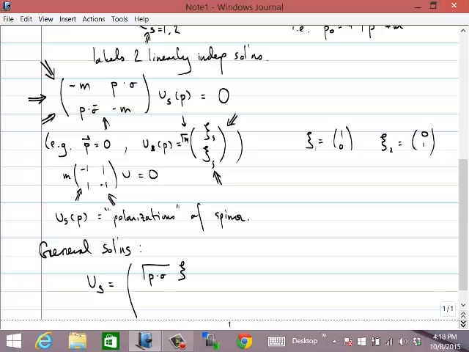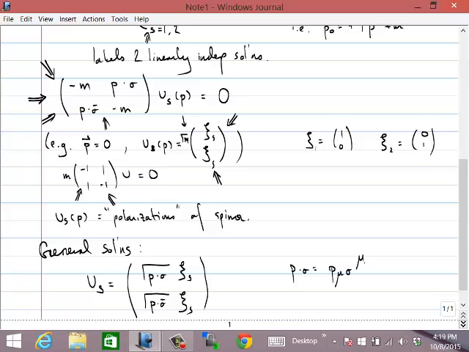So the general solutions take the following form. You just take your favorite 2-component spinor zeta, and you act on it with the 2 by 2 matrix, P dot sigma. Remember, P dot sigma is otherwise known as P mu sigma mu.